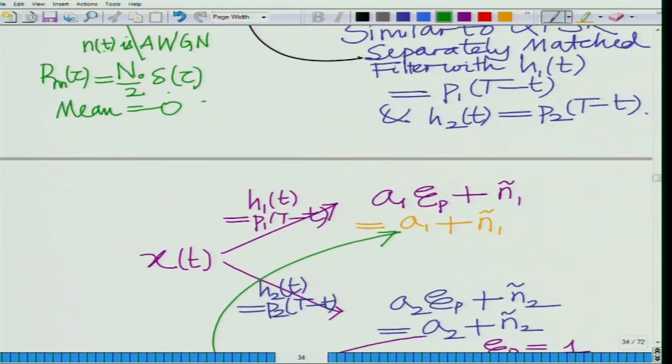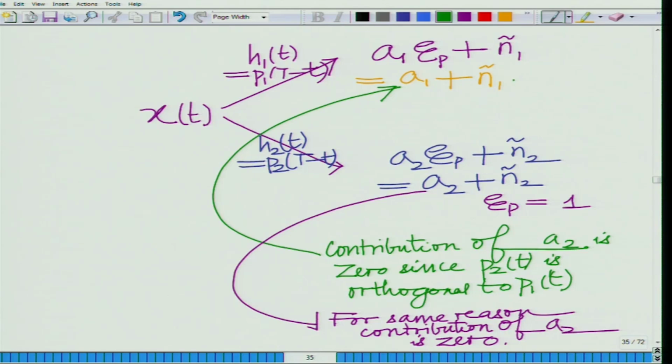Then N1 tilde and N2 tilde, we have seen, are both Gaussian, mean equal to 0 and variance equals N naught by 2 EP, again EP equals 1. So, this is N naught by 2.